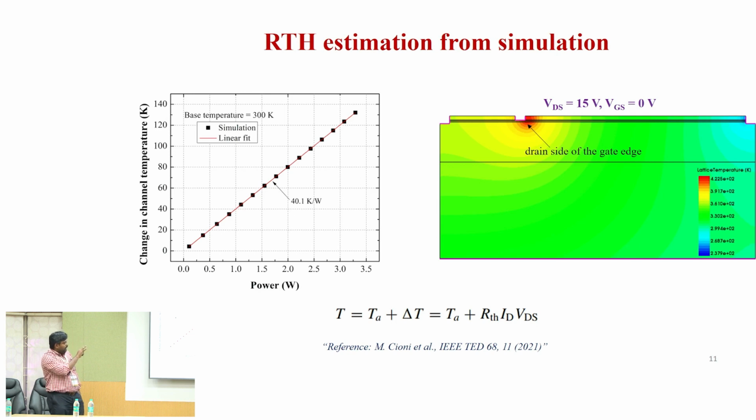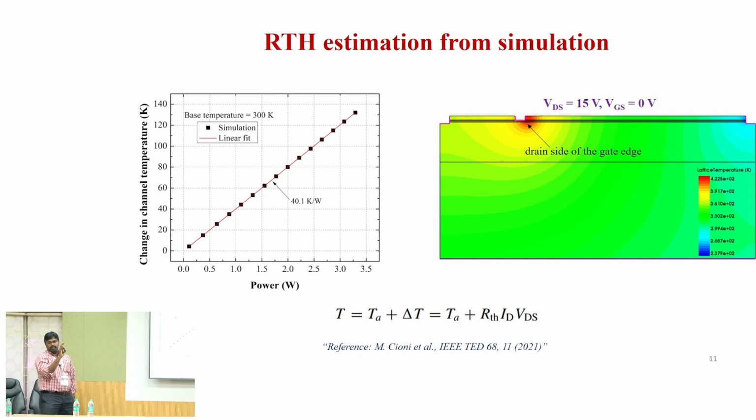In this case, we extracted the thermal resistance by using simulations. We set the gate voltage to 0 and varied the drain voltage. Since the IV is already validated, we calculate the channel temperature for each power dissipation.